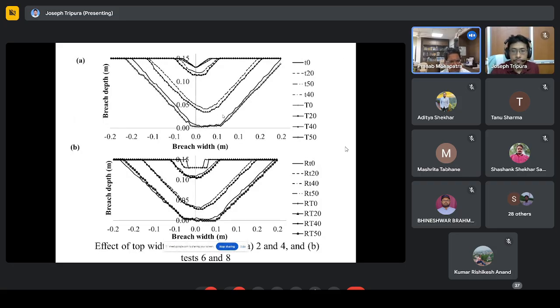Similarly, this is the effect of top width, but the figure is projected from a different angle, so that we can know what is happening to the pilot channel, how the pilot channel is increasing. Here it tells a very interesting story.